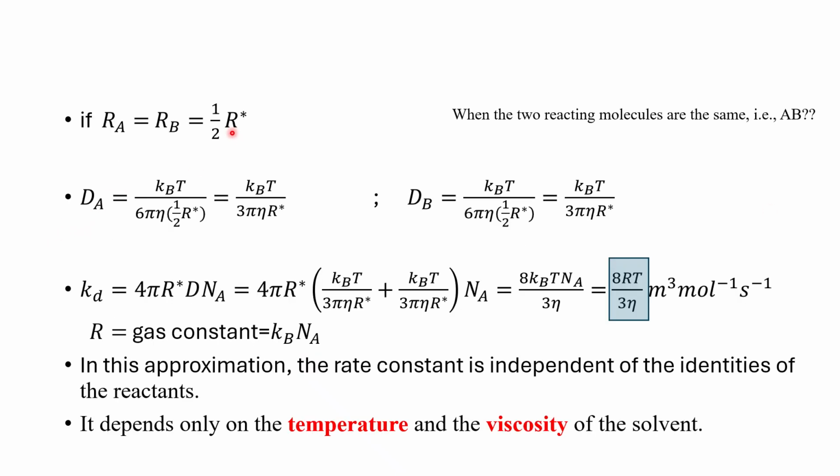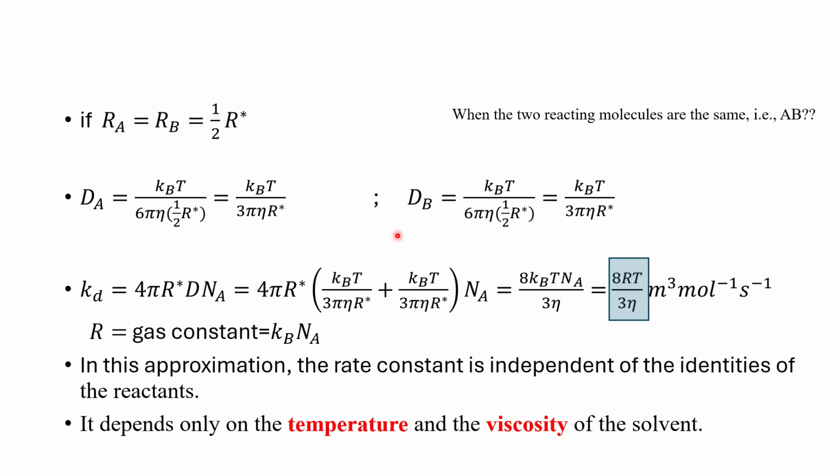And if we substitute this 1/2 multiplied by the reaction distance into the diffusion coefficient for reactant A, then we will get the Boltzmann constant multiplied by the temperature of the reaction over 3 pi times the viscosity of the solvent multiplied by the reaction distance.